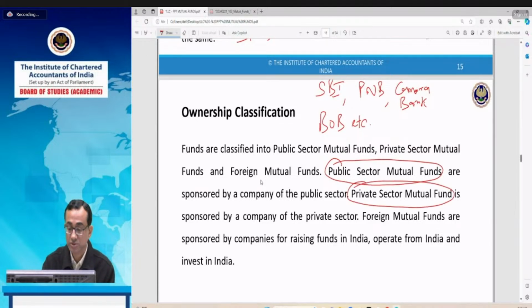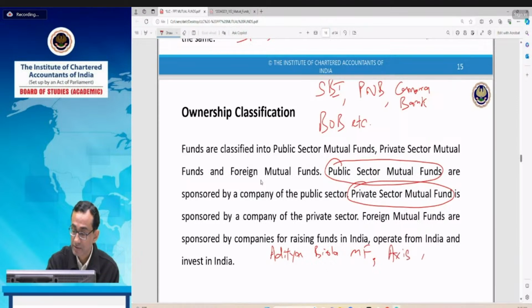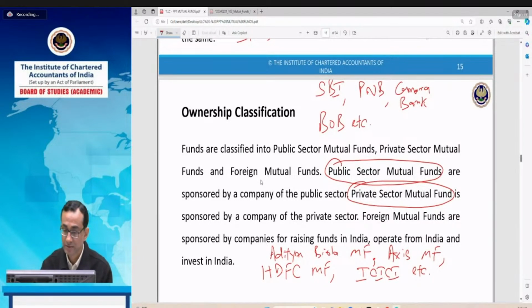In private sector mutual funds, there is Aditya Birla Mutual Fund, Axis Mutual Fund, HDFC Mutual Fund, ICICI, etc. There are various players in the private sector.